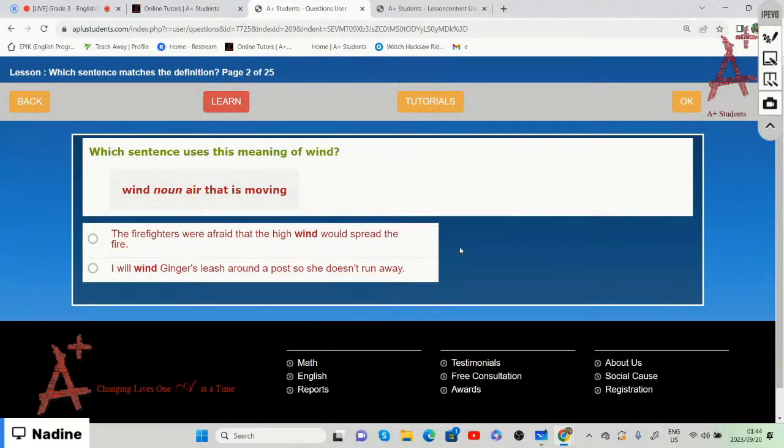Which sentence uses the meaning of wind? And wind is the air that is moving. I really hope that you can hear me now. Wind is the air that is moving. So is it option one? The firefighters were afraid that the high wind would spread the fire, or I will wind Ginger's leash around a post so she doesn't run away.